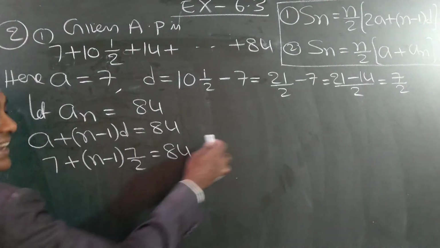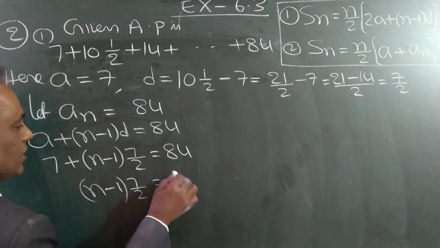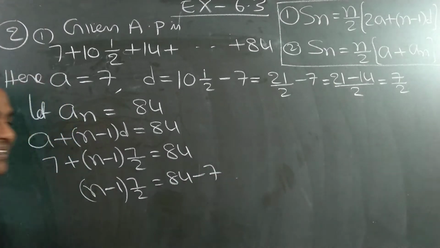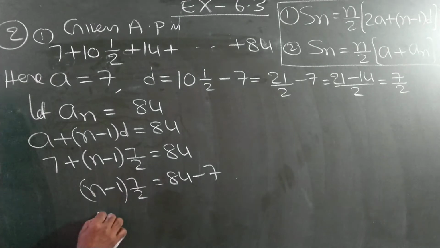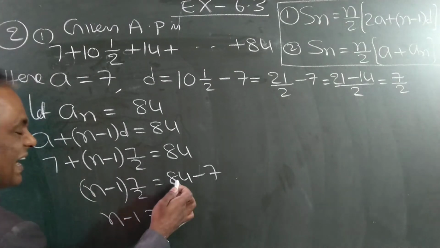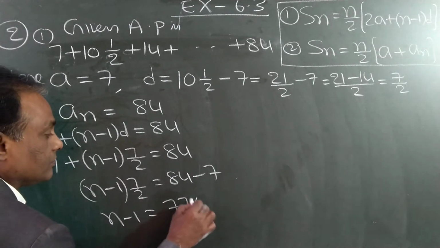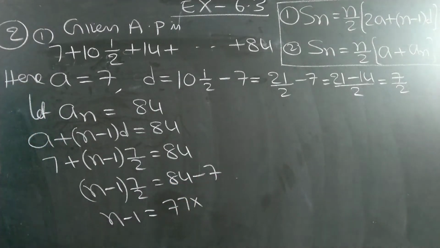First take 7 to the right side. N minus 1 into 7 by 2 is equal to 84 plus 7 that side, minus 7. N minus 1 is equal to 84 minus 7, which is 77.